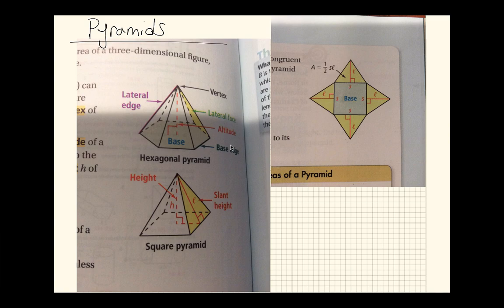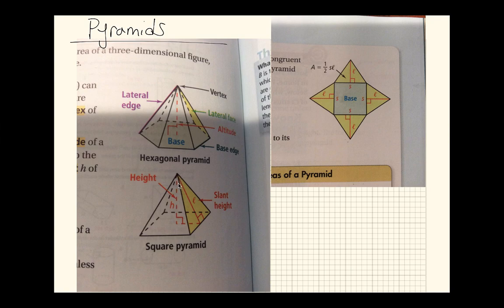Now we have an altitude, which goes straight from the center of the base straight up, perpendicular, to the vertex. So this line is basically perpendicular to this base here. So the most important parts to know are that we have a base, and this is the altitude, or we're going to refer to it as the height.